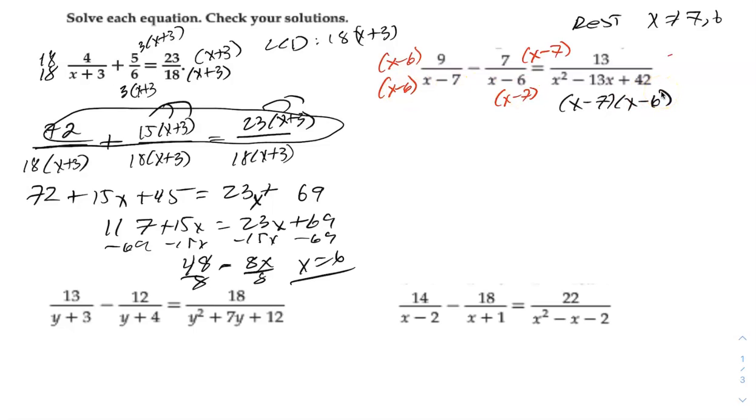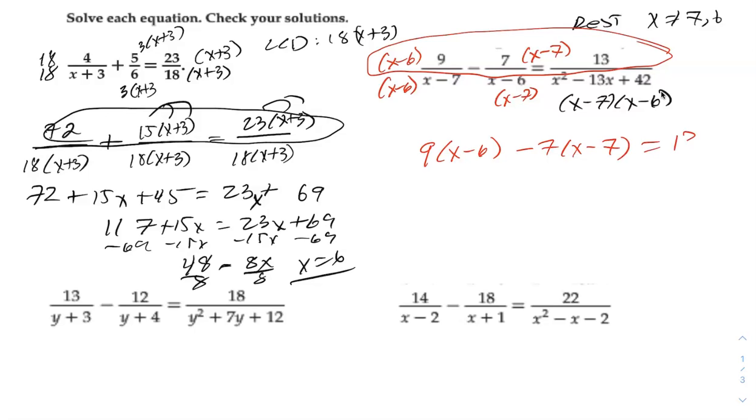I just have to solve the numerator. That is a minus right here. I don't want to miss the minus. There we go. So I have 9 times x minus 6 minus 7 times x minus 7 equals 13. Just like before, once you get that, simplify. 9x minus 54 minus 7x plus 49 equals 13.